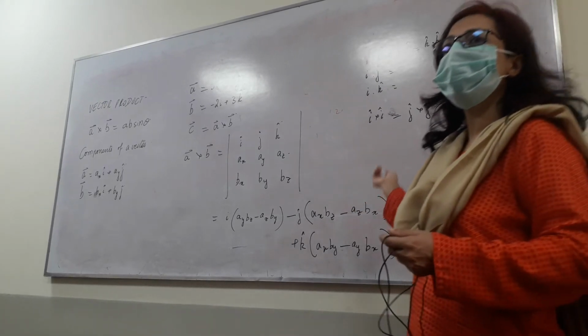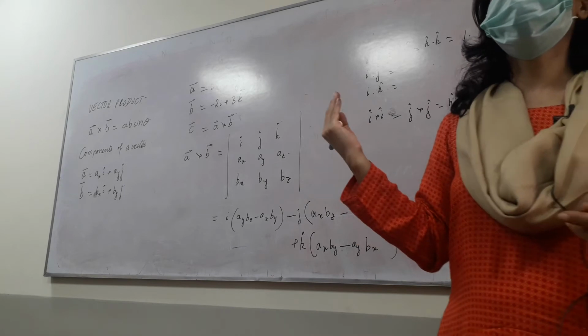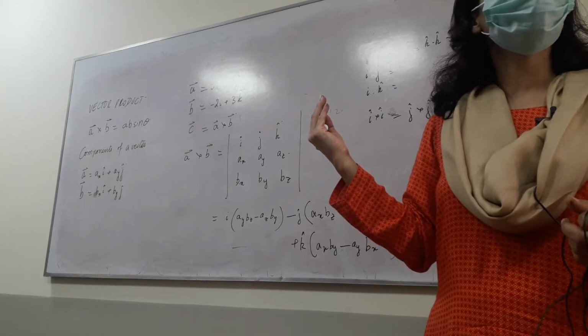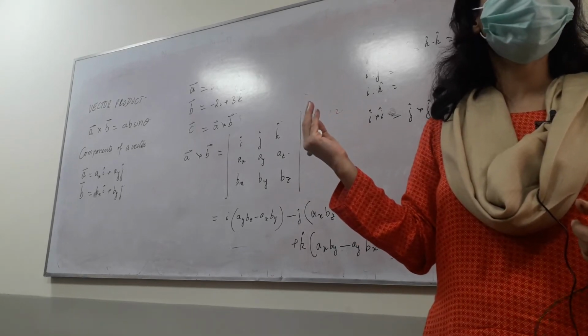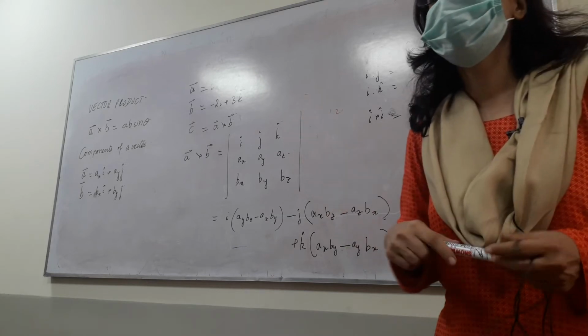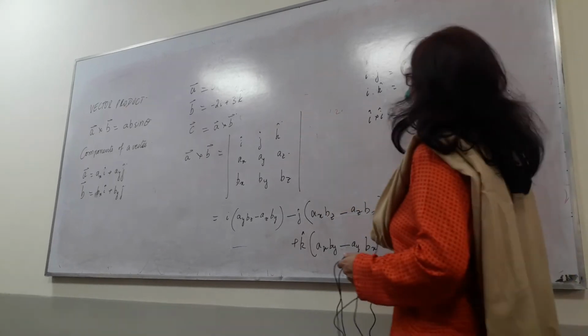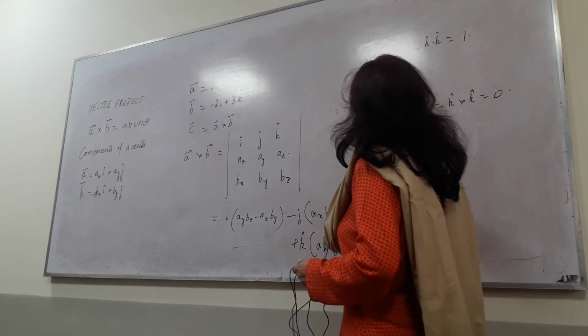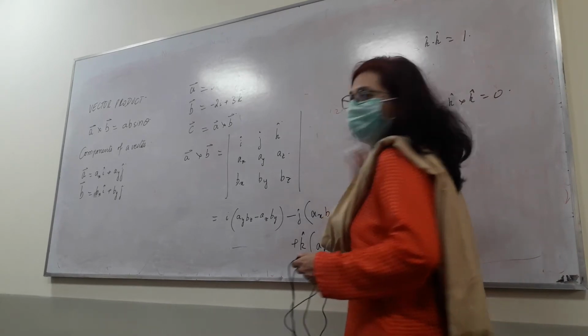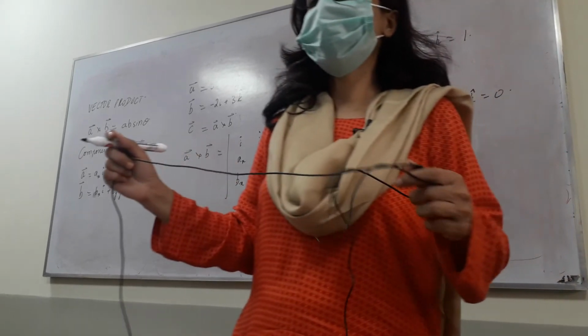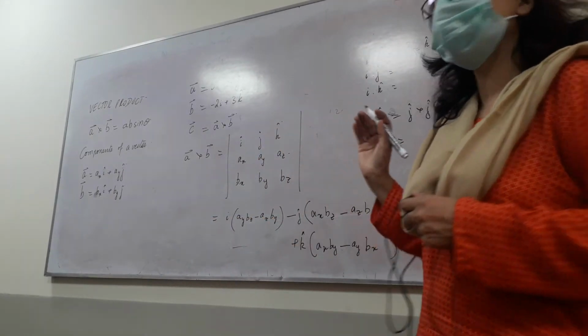So i dot j is equal to 0 because it's 90 degrees, and cos of 90 is 0. Now i cross j is equal to what? i cross j is equal to, not minus k, it's k.